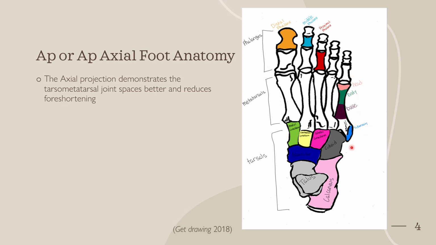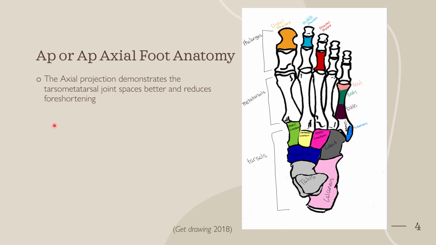Then we have our fifth tuberosity over here for our fifth. And then for our tarsals, we have our medial, intermediate, and lateral cuneiform, and then our cuboid, and then our navicular, and then our talus, and then our calcaneus.